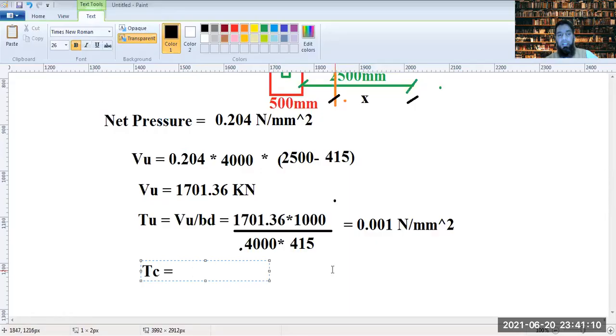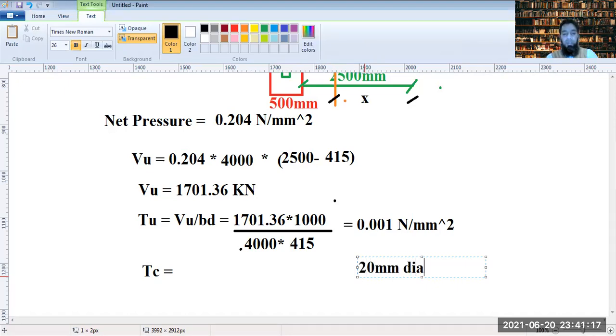Let's take a condition. For example, you have a 20 dia bar spaced, say, at 100.